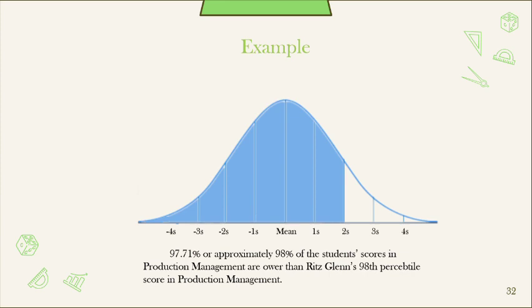So, dito sa production management, ang percentage ng classmates niya na mas mababa sa kanya is 97.71% or approximately 98%. Then, si Glenn is nasa 98th percentile. Yung score niya is nasa 98th percentile. So, mas mataas yung score niya sa production management kaysa doon sa business calculus.